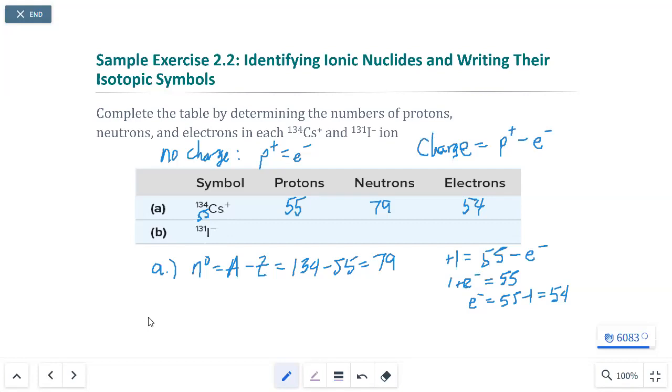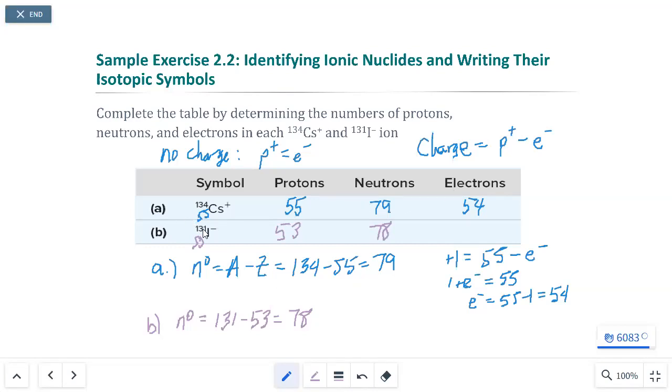In letter B, I have iodine. Iodine is element number 53. So I have 53 protons. To find the number of neutrons, I would take the mass number 131 minus 53. 131 minus 53 gives me 78. So there are 78 neutrons in this particular isotope of iodine.